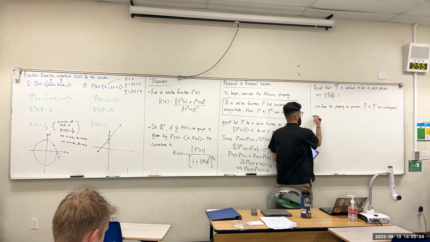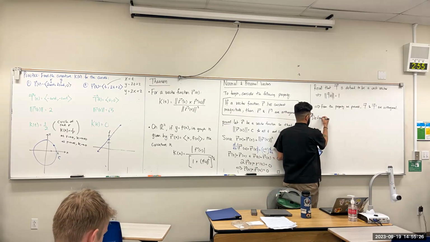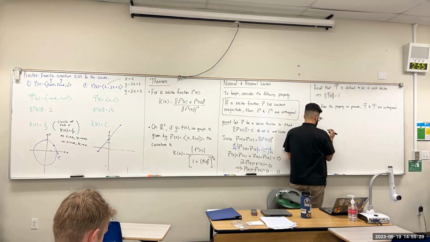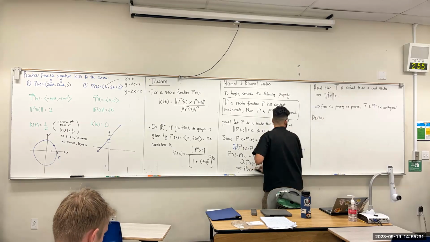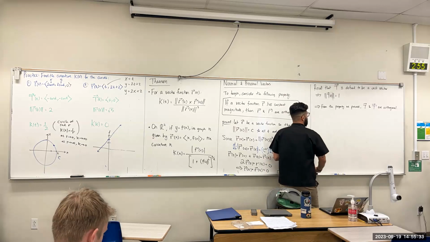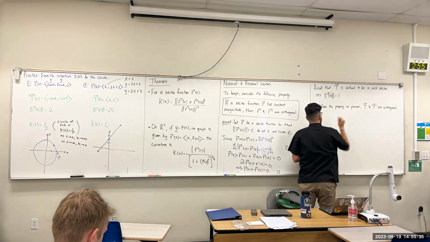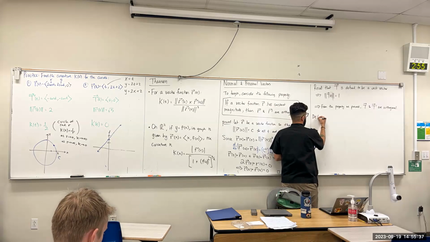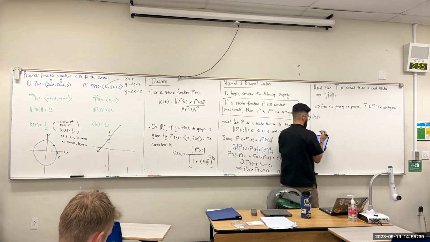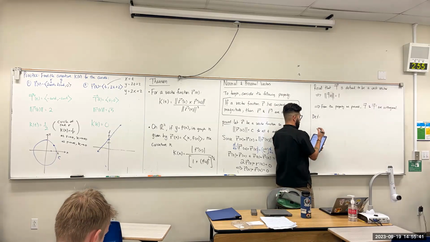But what we're going to do is define, let me just write the definition here. That's how we're going to use T prime to make these three vectors that I was showing you.